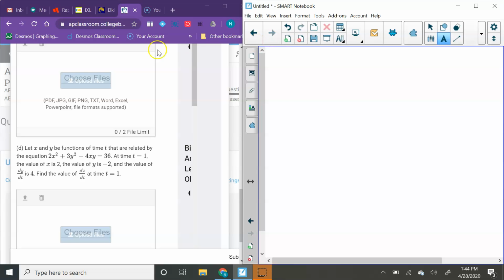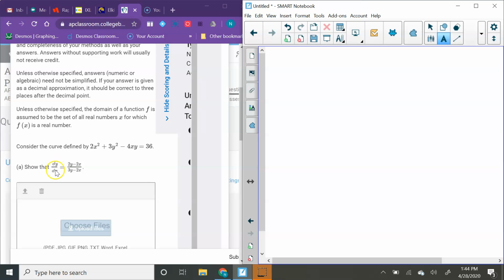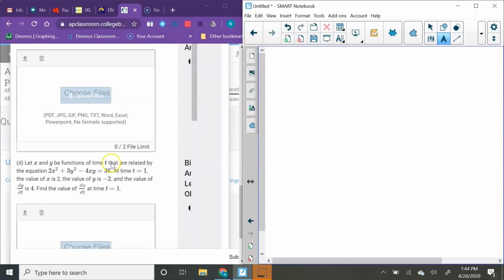Everything we looked at so far, all this derivative stuff we found up here, we were doing dy/dx. But if you look here, a t has been introduced. It's a third variable. And they're telling us things like dy/dt and dx/dt. So what you're doing here is a related rate problem.